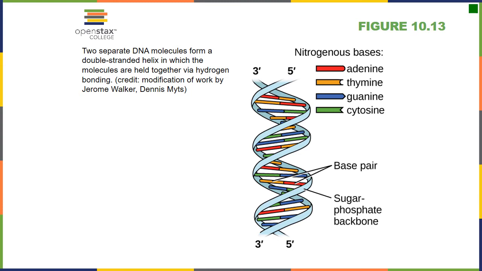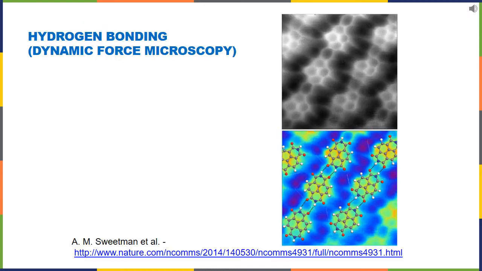We also see this in our DNA bases. Our DNA molecules are held together by hydrogen bonding. Hydrogen bonding is actually strong enough that we can see it with dynamic or atomic force microscopy. Now, this is a molecule that I know you don't care about, but nonetheless, this is naphthalene tetracarboxylic diimide.